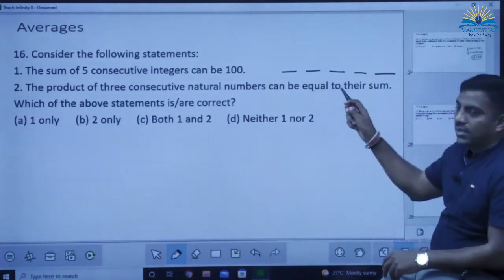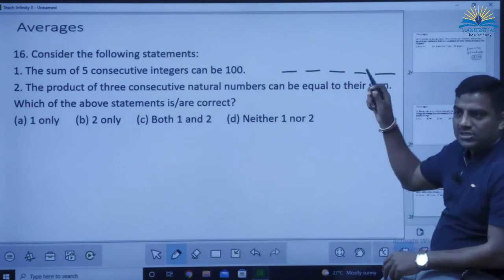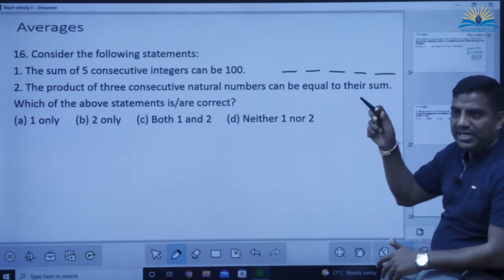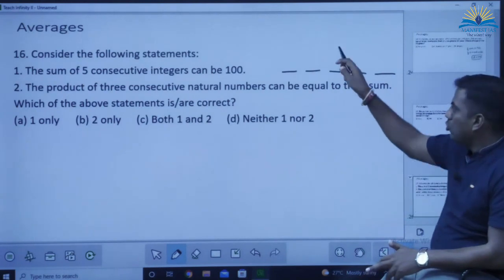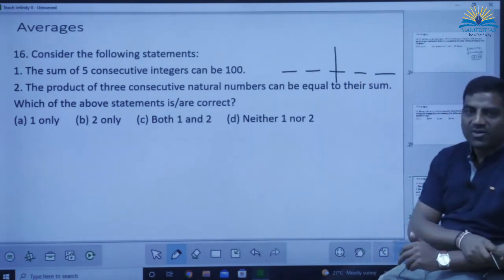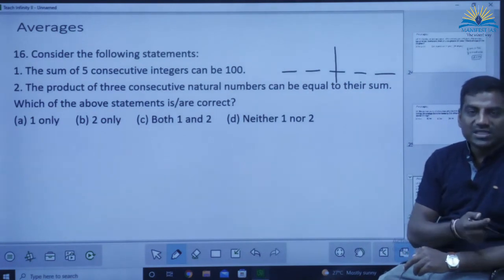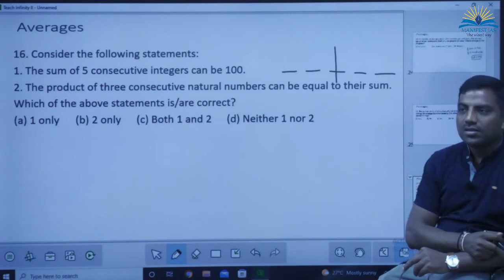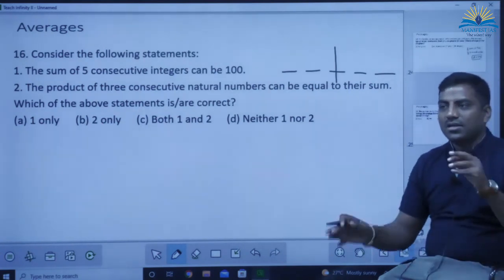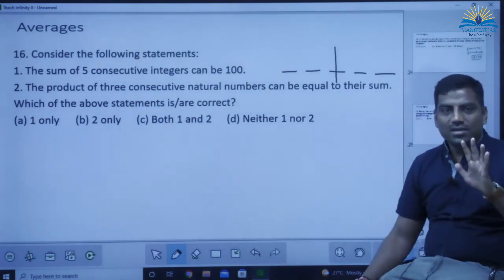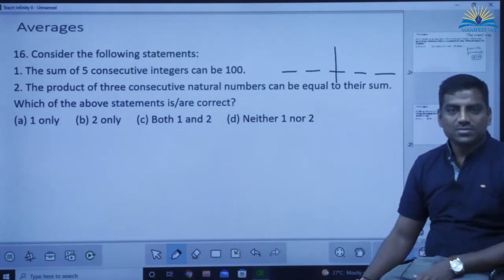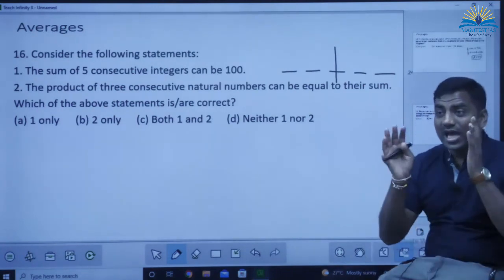If you are making the sum of these consecutive numbers, it can be 100. What should be the average? 5 numbers are there. What should be the average of these 5 numbers, if the sum is 100? Tell loudly, I will not punish.